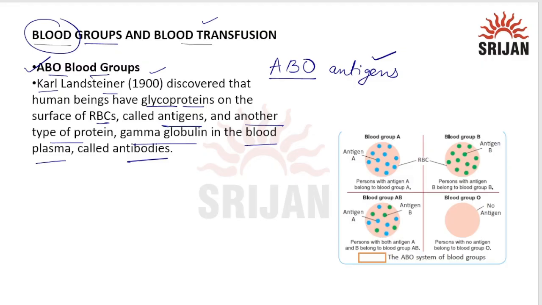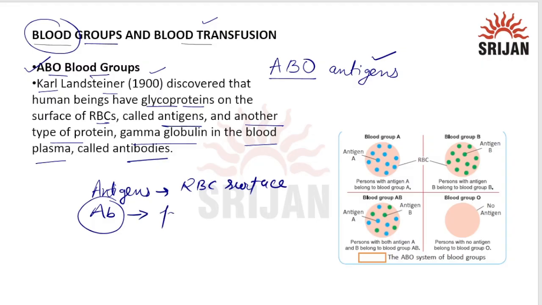From here, you can understand that antigens are found on the surface of RBC and antibodies are found in the plasma.